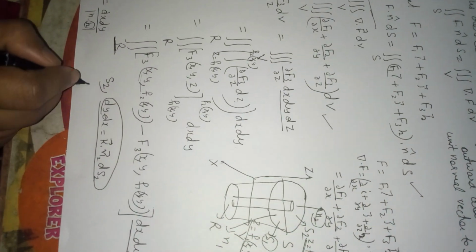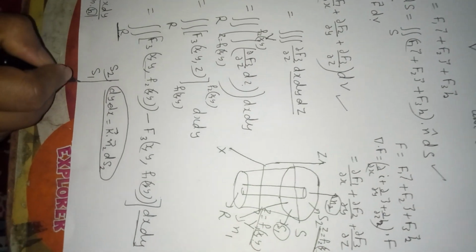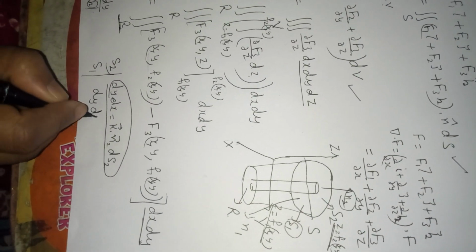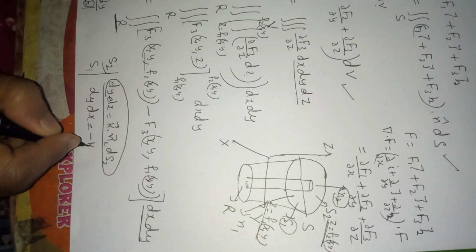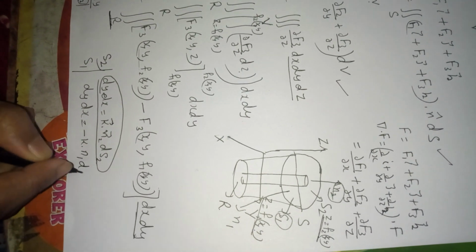So similarly for the S1 surface we get dy dx equal to minus k dot n1 dS1.